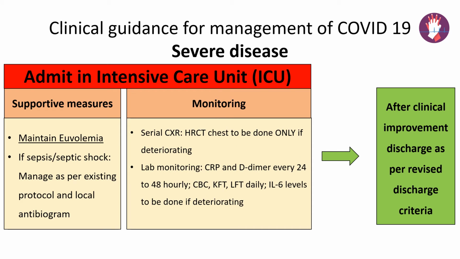Supportive measures here: normally in sepsis we tend to recommend huge amounts of fluid to keep them well hydrated. In COVID, we are looking at euvolemia because in severe cases there is evidence to show that quite a few of these patients go into renal failure. So maintain euvolemia, and if sepsis or septic shock is detected, manage as per the local protocols and the local antibiogram.